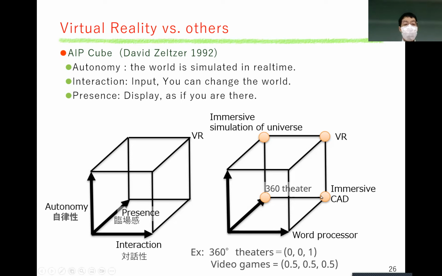So this kind of word processor or computer-aided design cannot have autonomy. But virtual reality will have. And how about video games? Video games usually have some autonomy, some interactivity, and some presence. So it's, I think, intermediate.